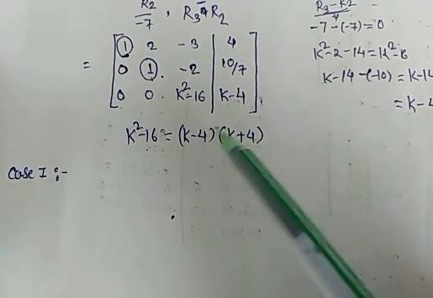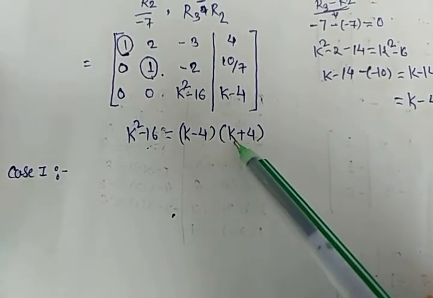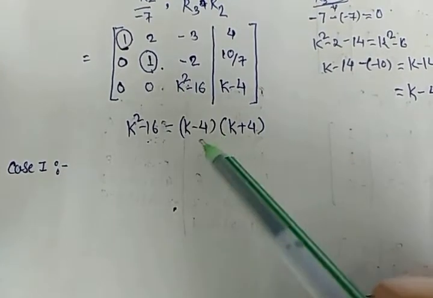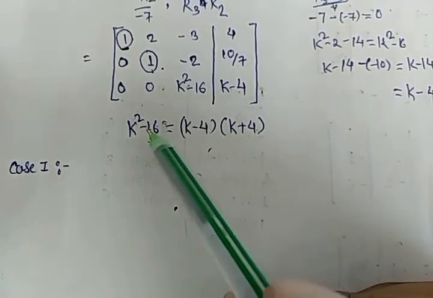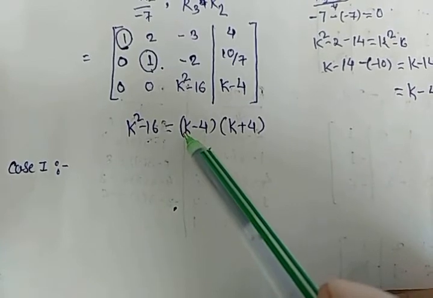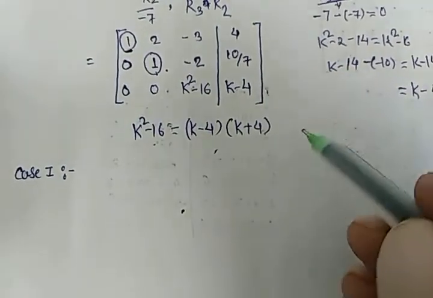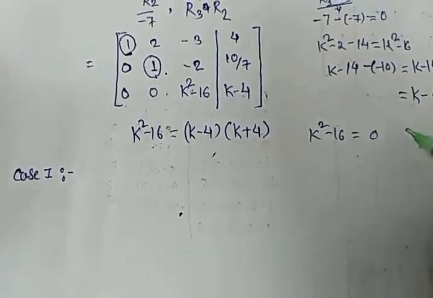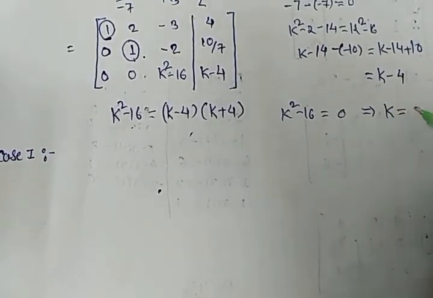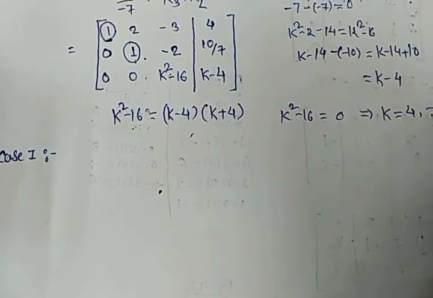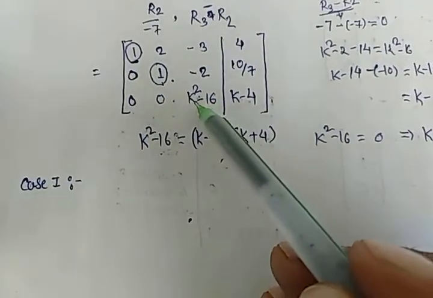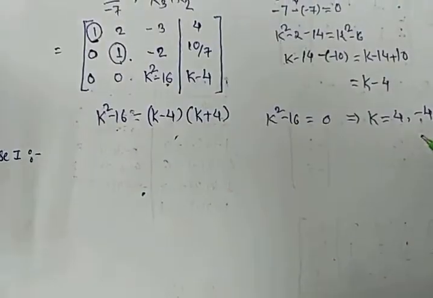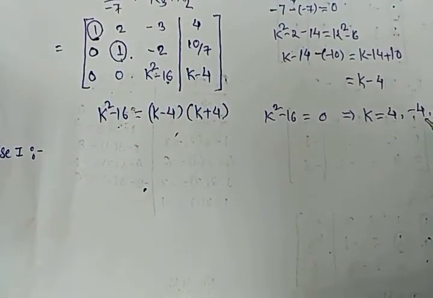Now to find whether it is no solution, unique solution, or infinitely many solutions, we have to know the values of k. If we consider k square minus 16 equal to 0, we have two values, which implies that k is equal to plus 4 or minus 4. Okay, that is, this position will be 0 for the values 4 and minus 4.